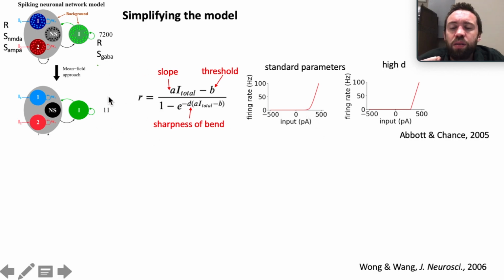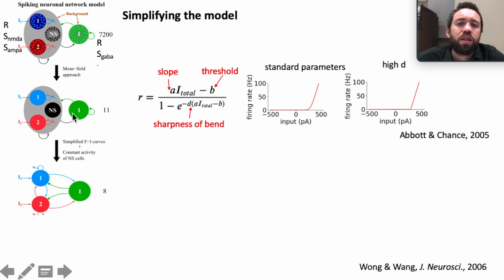Okay, so now we've reduced down from 7200 dynamical variables to just 11. And when you simulate this model, it turns out that the activity of the non-specific excitatory cells that don't have a particular preferred direction is not particularly important. In fact, the activity of these cells seems to stay roughly constant over most of the trials and most of the time.